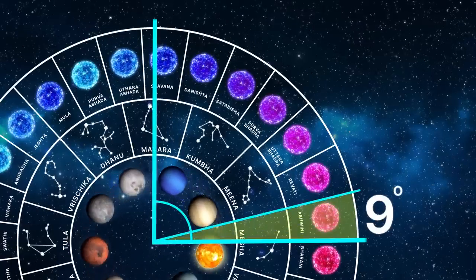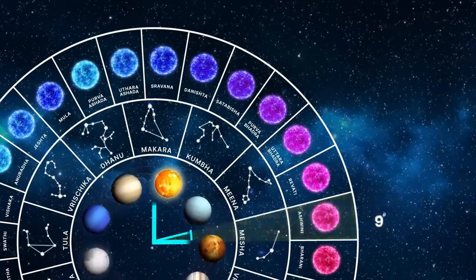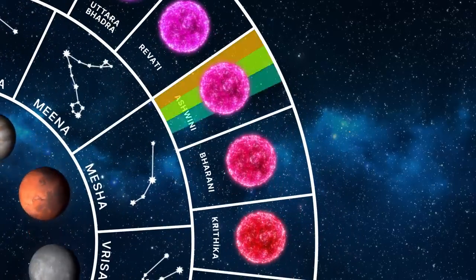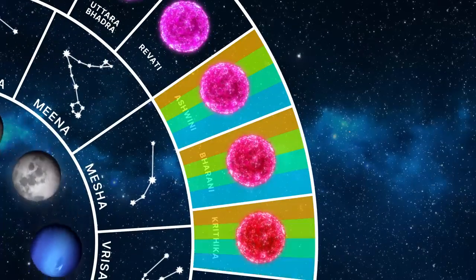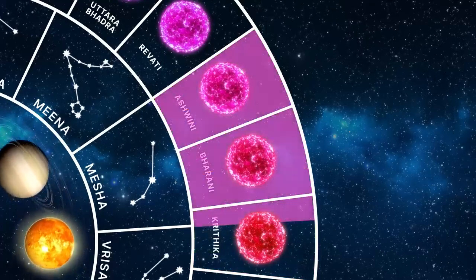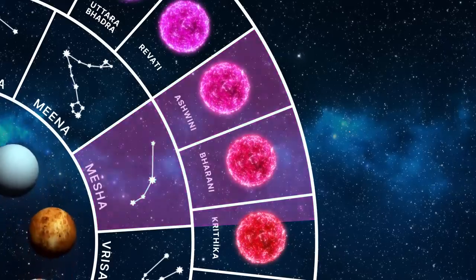Every 9 degrees in a constellation makes 1 star. And each star has got 4 subdivisions. So 2.5 stars make 1 constellation.